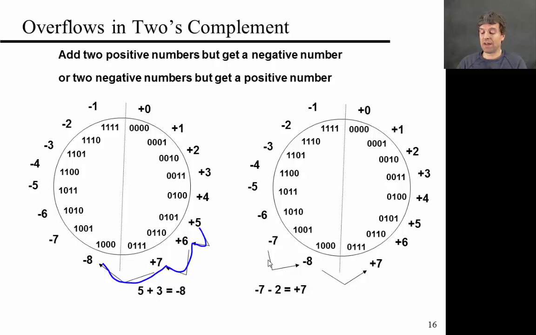Similarly here, if I do the addition minus 7 minus 2, I will end up with the value plus 7 if I just follow this circle. And of course this is the wrong result, and again it's a direct consequence of the fact that I can't represent minus 9 in this particular format.